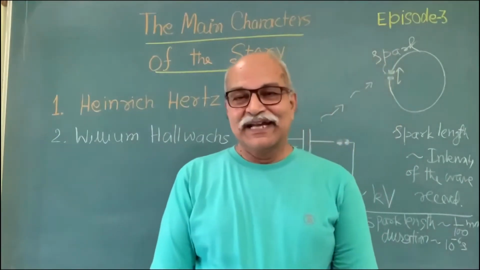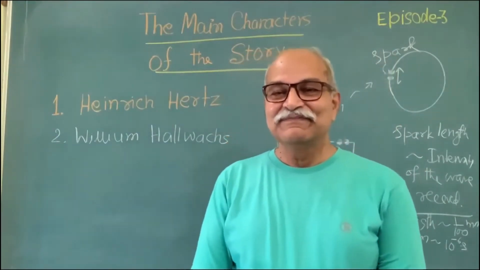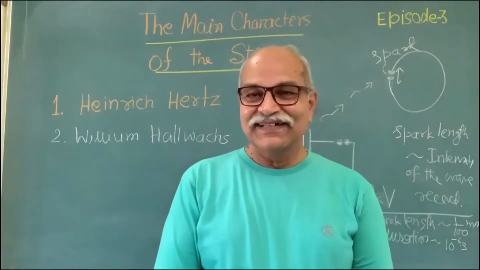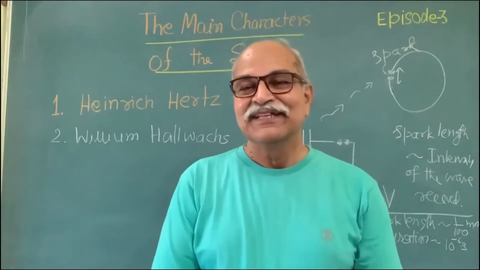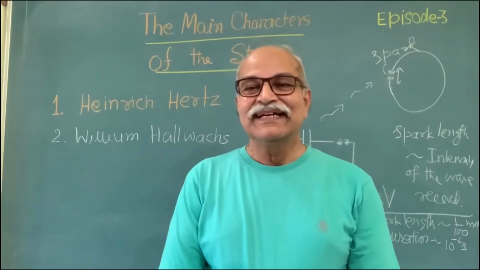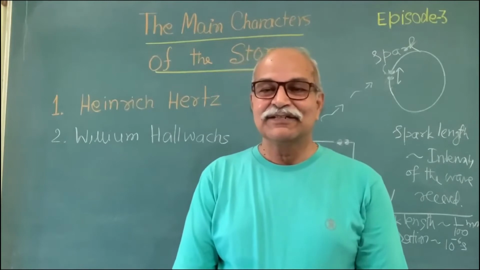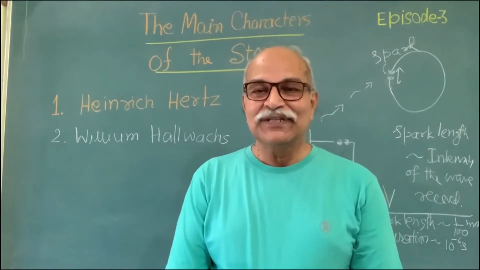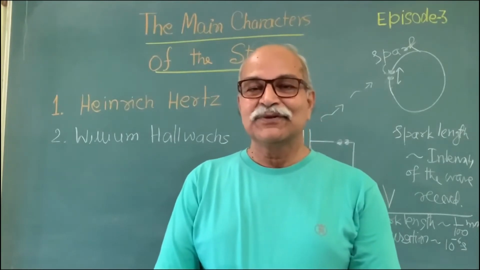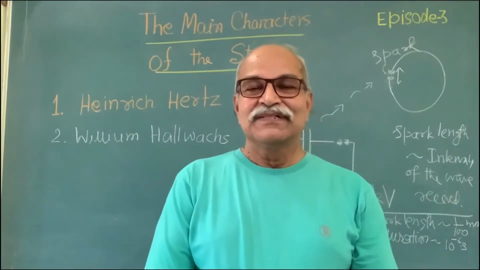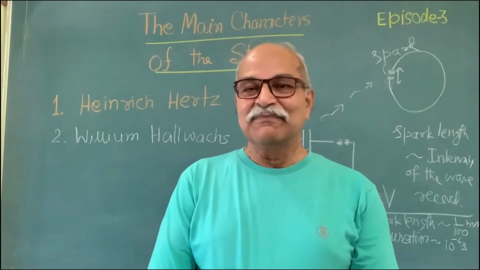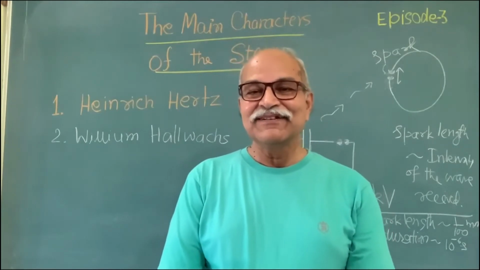I admit that I could not find many of his original research articles, and I depend only on what others have written about him. But apparently he again did a qualitative experiment to show that yes, shorter wavelength ultraviolet light does affect some kind of emission from a metal.